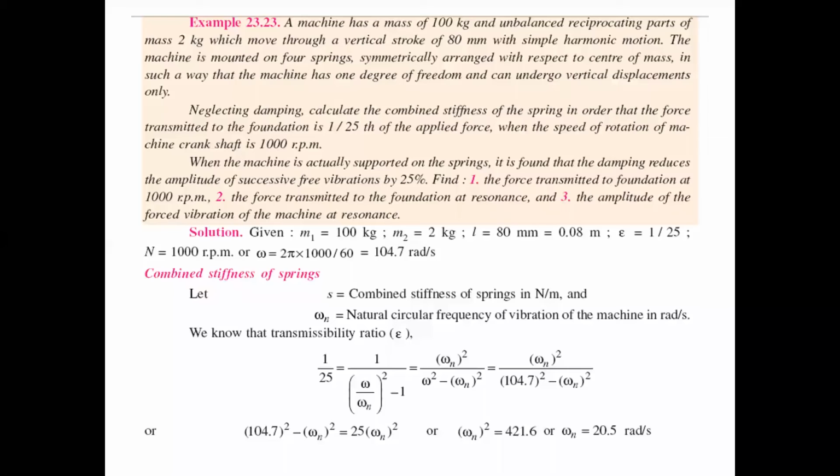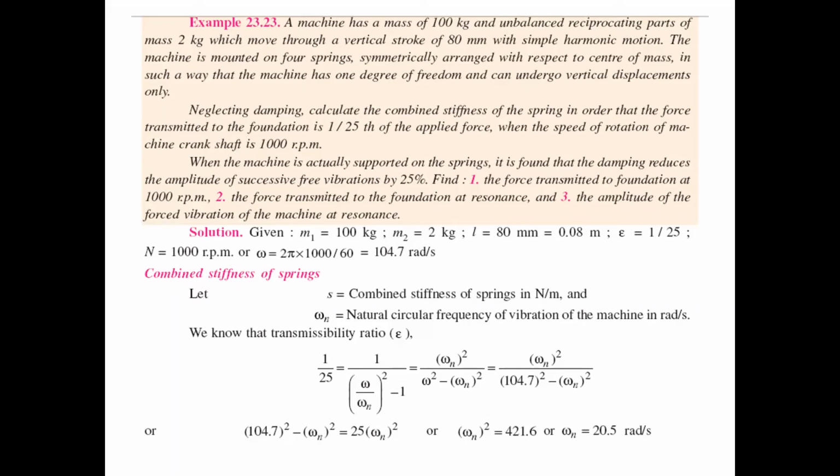Neglecting damping, calculate the combined stiffness of the springs in order that the force transmitted to the foundation is 1 by 25th of the applied force when the speed of rotation of the machine crankshaft is 1000 rpm.